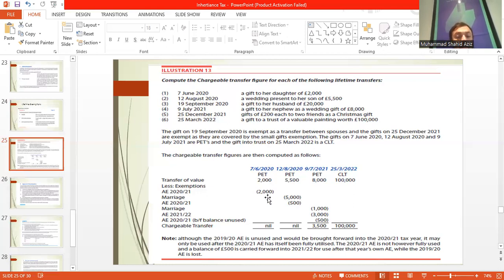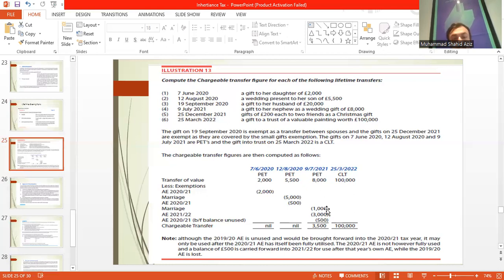We use 2,000, so 1,000 is left. We can carry that £1,000 forward to the next year. So next year when we transfer, we can use only 500 because 5,000 was the marriage allowance, and the remaining left is 500. So for 2020-21, we did not use any annual exempt allowance. It will be carried automatically to the next year.